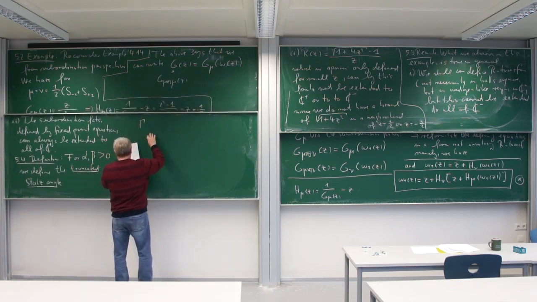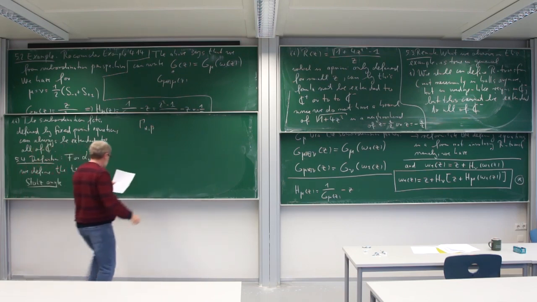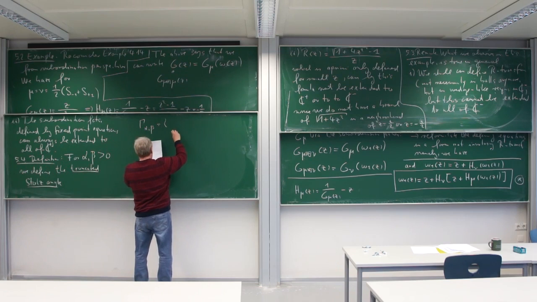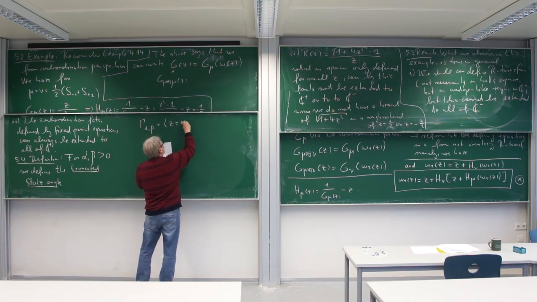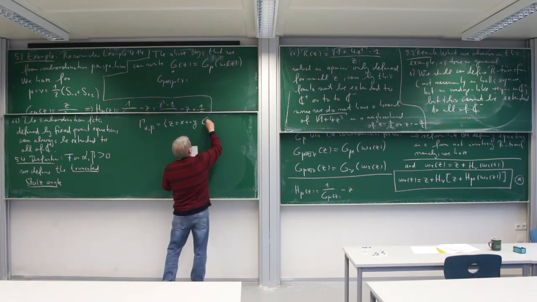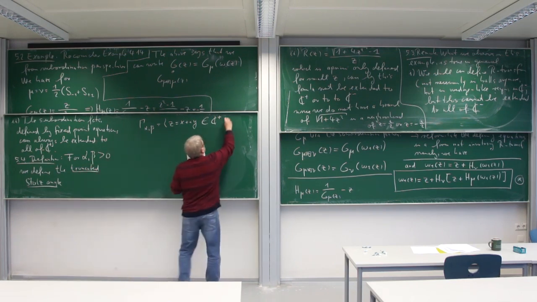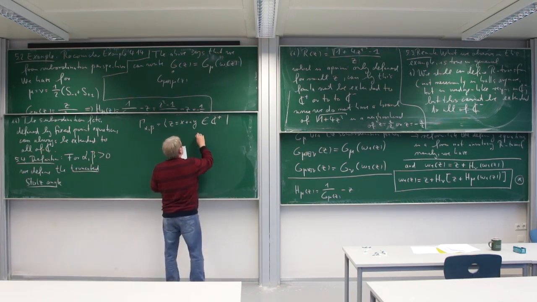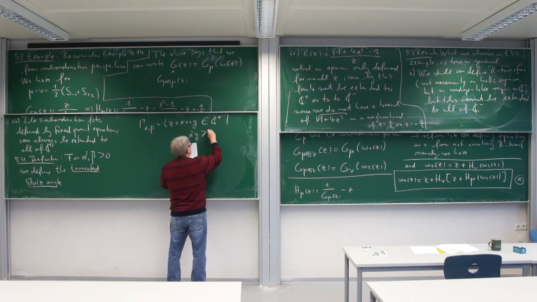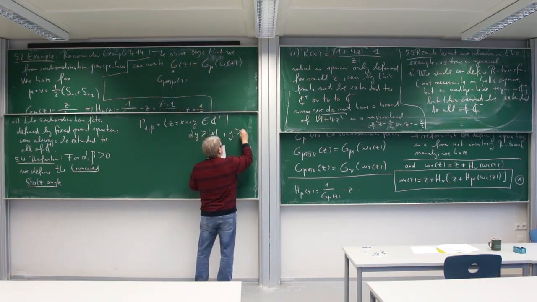So that's a set in the complex plane. It depends on alpha and beta. Alpha and beta are positive numbers, and then we take complex numbers z of the form x plus iy, where x and y are the real and imaginary part. Those should be in C plus. And they are defined by the conditions that alpha times y is greater than the absolute value of x, and y is also greater than beta.